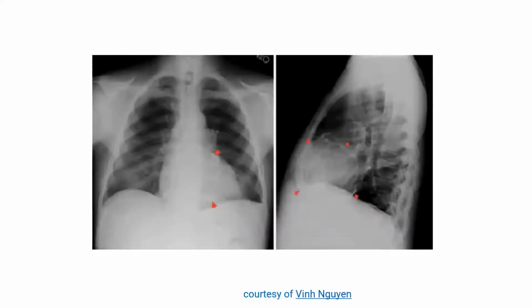Now, what do you think in this chest X-ray? Okay, the mic is yours. This is a PA chest X-ray. And this one is? Increased cardiac silhouette.